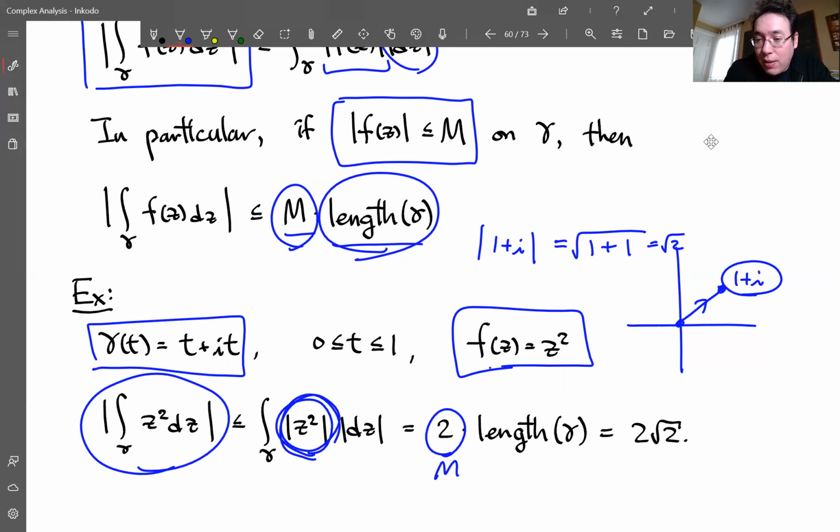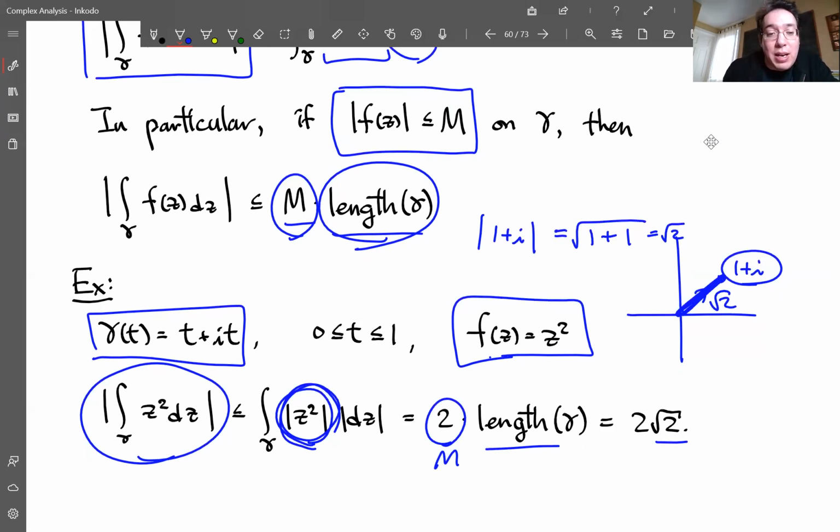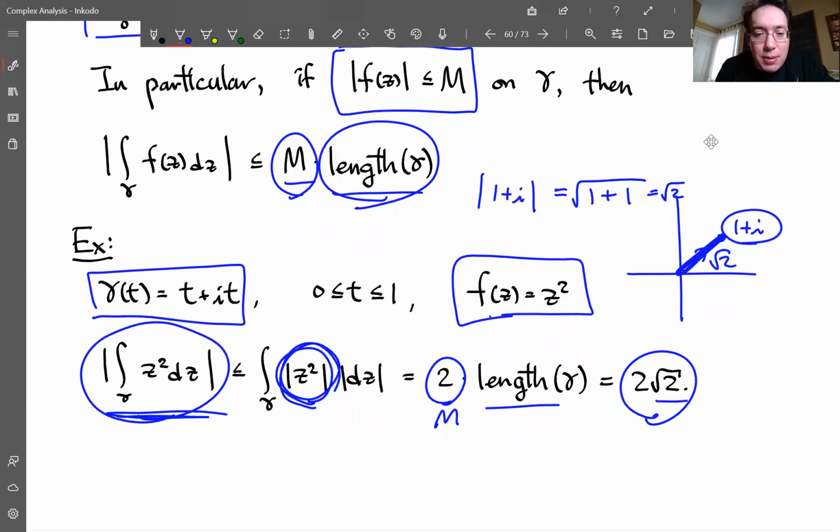And then the arc length of this path is square root of 2 as well. So that's the length L, square root of 2. So if I didn't want to compute this integral, then we can make a rough estimate of how big, at least in modulus, the result of this integral is. Okay, I hope that makes sense. And how you might prove it?